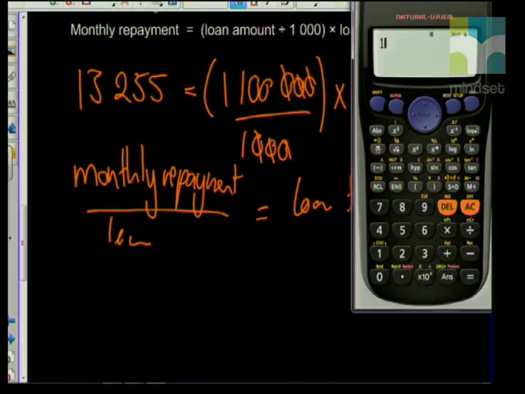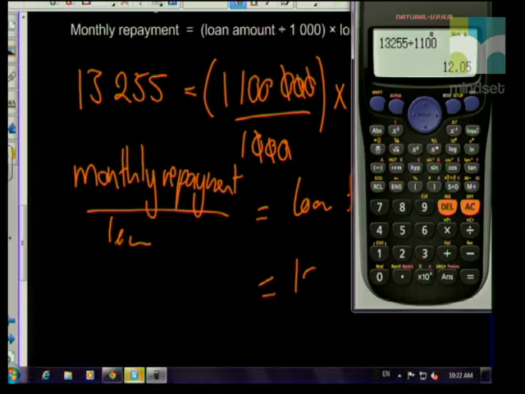She wanted to pay 13,255, and she wanted the loan for 110,000. Oh, sorry, we want to take the whole loan. Then we'd need to multiply by 1,000, but I'm just going to divide by that amount, take the correct amount, I've put that in, and that will give me my loan factor. My loan factor, if I got it right, is 12,05.